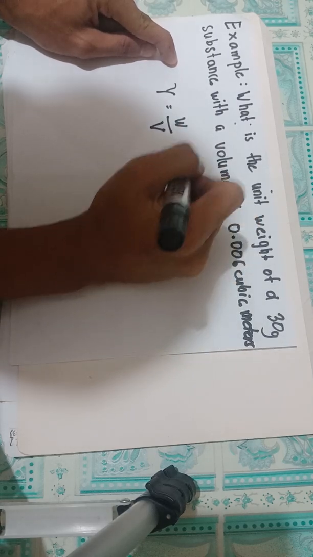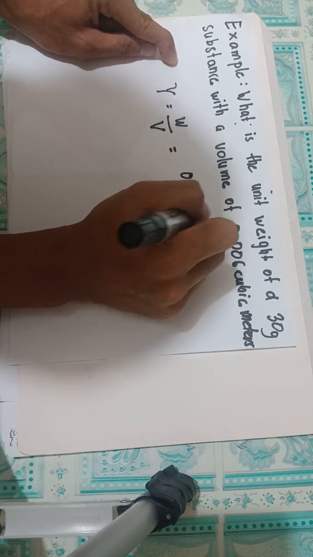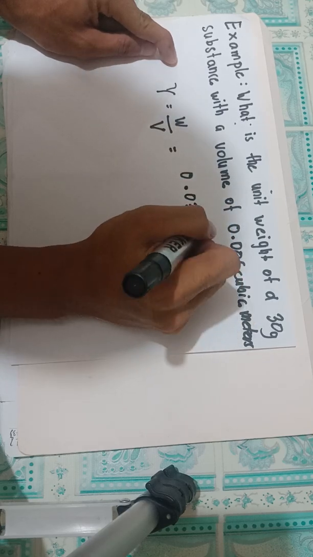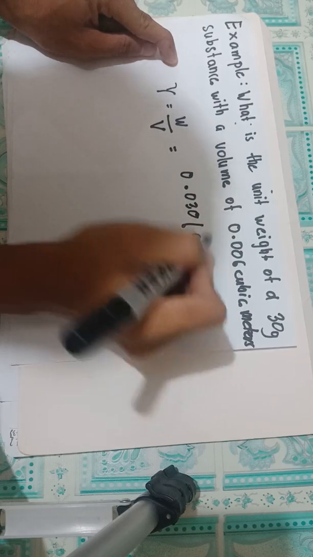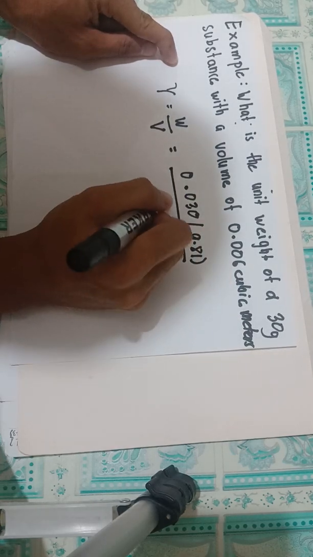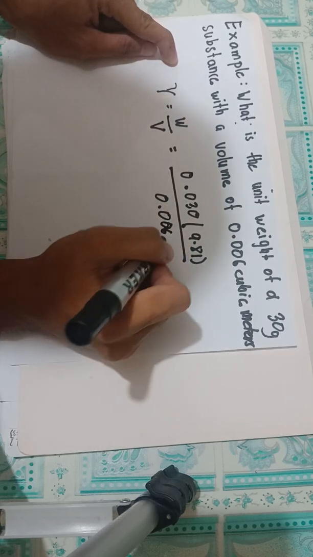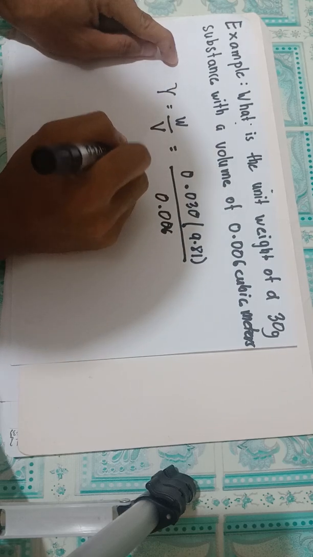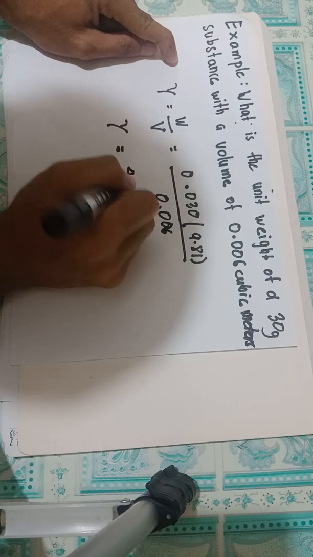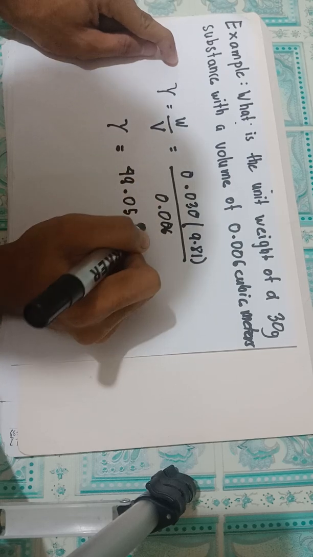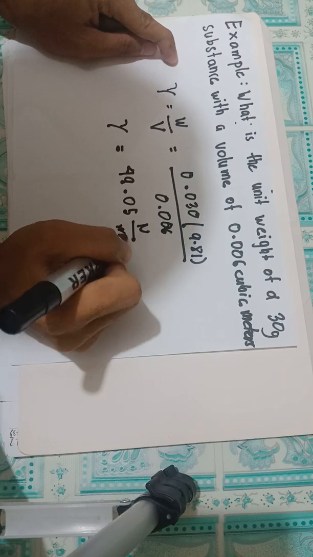We substitute our given, it will be 0.030 kilograms times our gravity 9.81 all over our volume 0.006 cubic meters. And as we input it in our calculator, we will get the answer of 49.05 Newton per cubic meter.